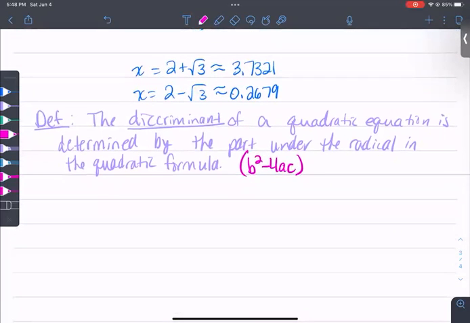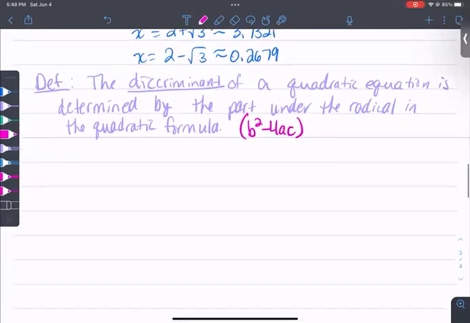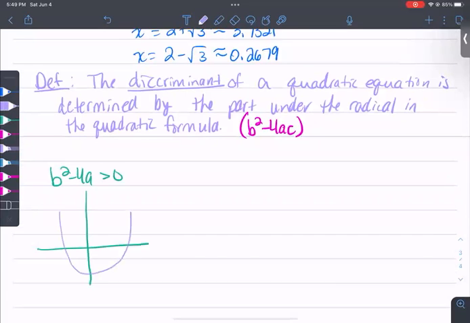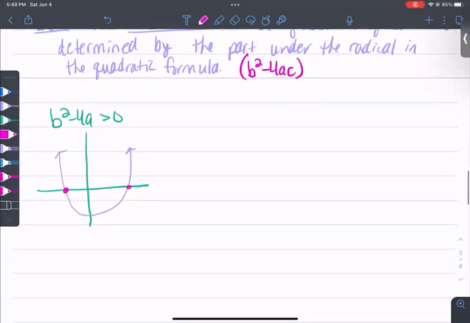So the value of the discriminant tells us a lot about our solutions. If your b squared minus 4ac is positive or greater than 0, that means you have a quadratic that looks something like this. It crosses 2 times on the x-axis, so it has 2 real solutions.